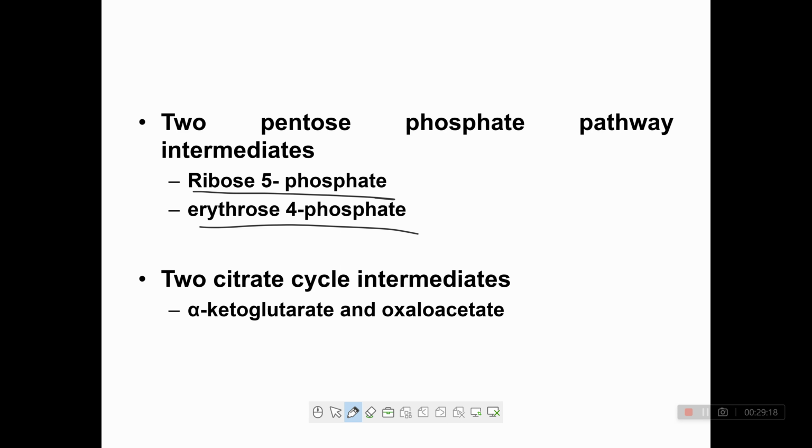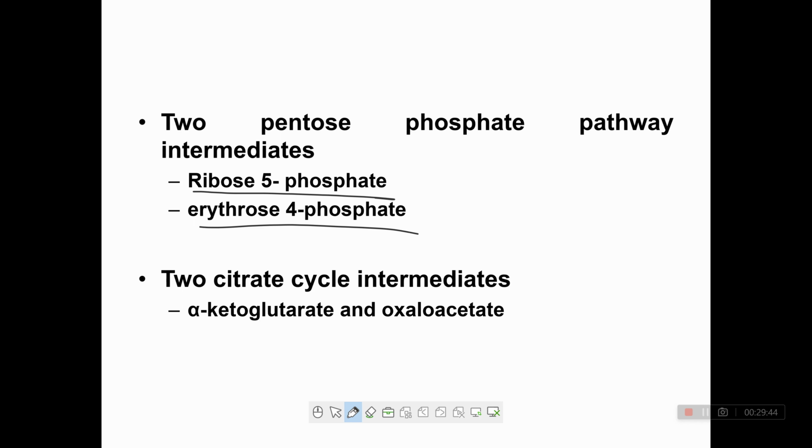What are the three metabolic pathways that help in the biosynthesis of amino acids? First is the glycolysis pathway, whose intermediates are 3-phosphoglycerate, phosphoenol pyruvate and pyruvate.